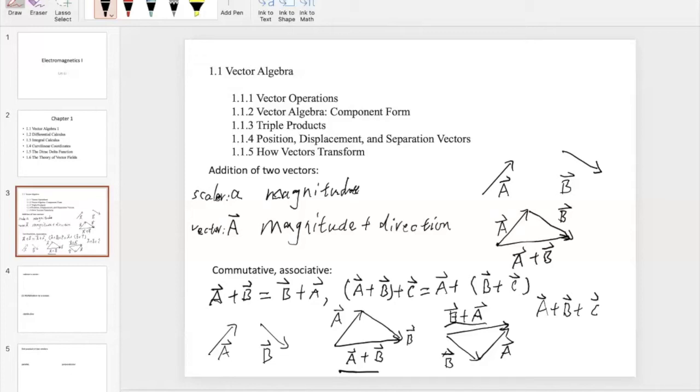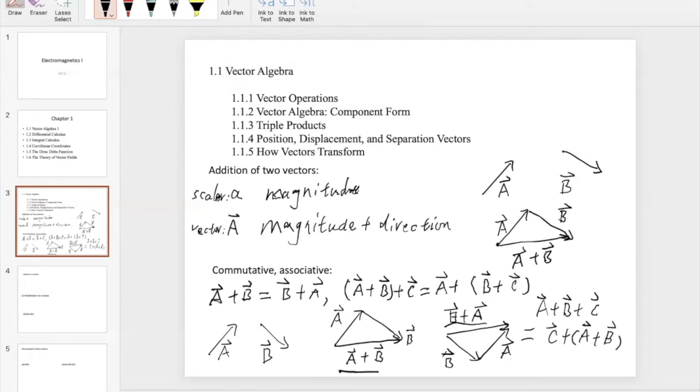For example, it equals, let's say, C plus A plus B. You will get the same thing. And you can also get even more complicated orders like A plus B first and then C plus A plus B. So that's commutative and associative.